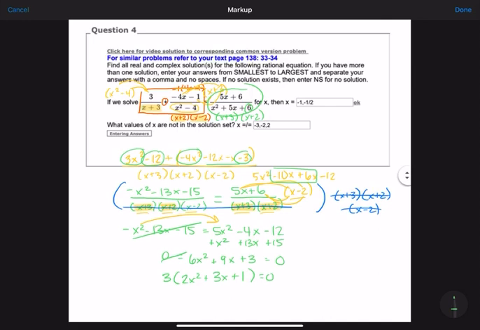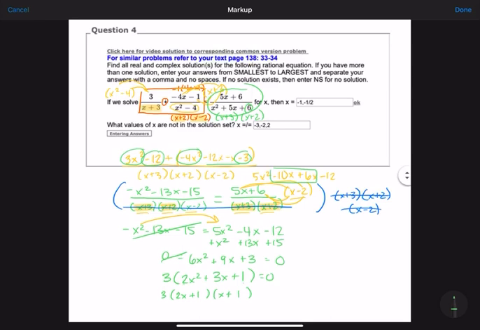So I'm looking for factors of 2 that add to 3. Seeing if I can factor that, factors of 2. 2 times 1 is 2 that add to 3. And yes, 2 and 1 will do that for me. So when I factor that out, I get 2x and x, and I'm able to do plus 1 and plus 1.